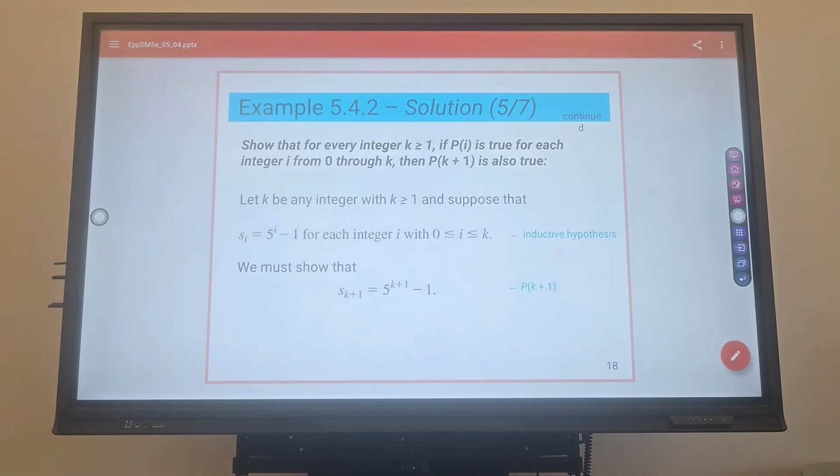Let k be any integer with k greater than or equal to 1, and suppose that S sub i equals 5 to the i minus 1 for each integer i with i less than or equal to k but greater than or equal to 0. That would be the inductive hypothesis. Now show that S sub k plus 1 equals 5 to the k plus 1 minus 1.